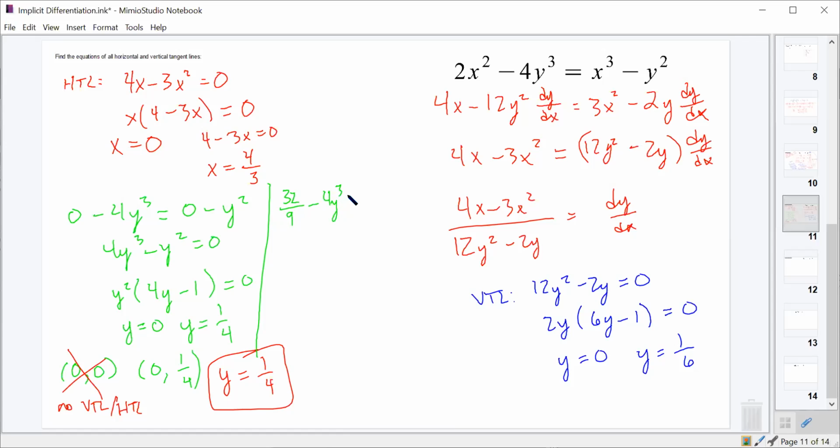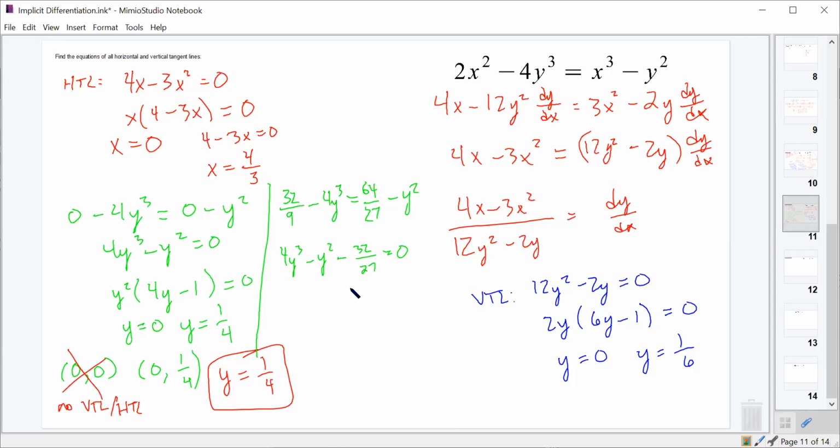This is going to be a little bit of a pain now. 4/3 cubed is 64/27, minus y squared. And we end up with 4y cubed minus y squared, and then minus 32/27 in the end there, equals 0. Now that's going to be a pretty difficult equation for us to just solve by hand.